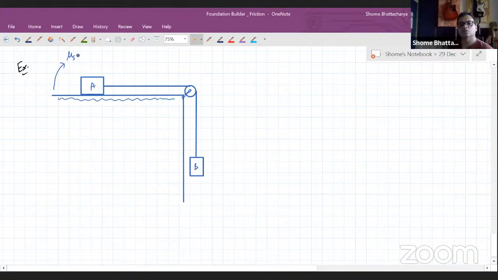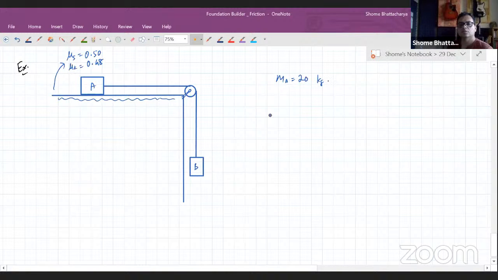Now given to us that the coefficient of static friction on the rough surface this time is 0.5, and the coefficient of kinetic friction is 0.48, and the mass of the block A is equal to, let's say, 20 kilograms.